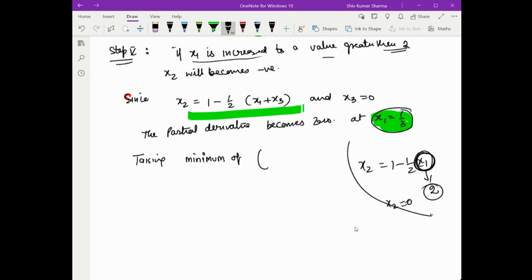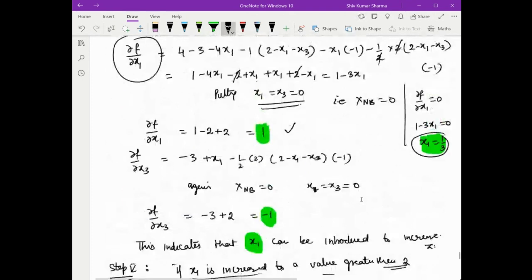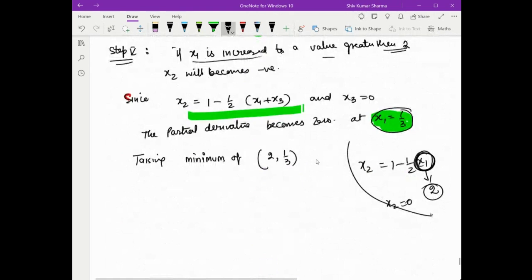Taking minimum of 2 or 1 by 3, because we have obtained two values. So 1 by 3 obtained from here and 2 obtained directly by putting x3 equal to 0. That means it gives us a positive value or 0, not negative. When we put greater than 2, it gives us a negative value. So we take the minimum of this order pair.